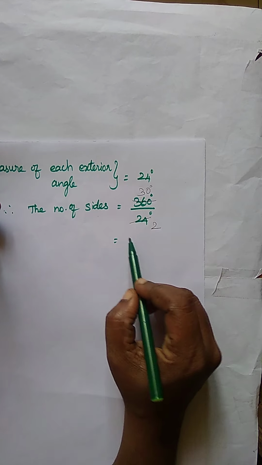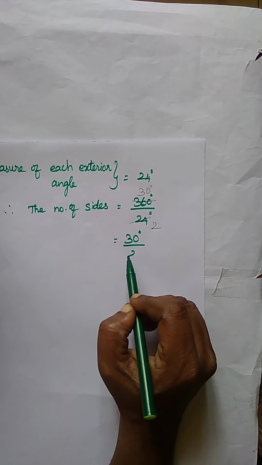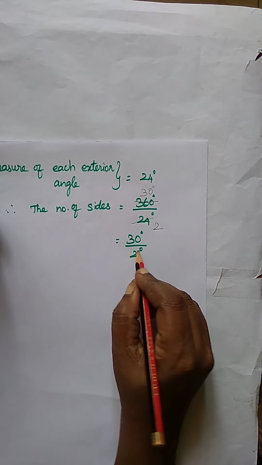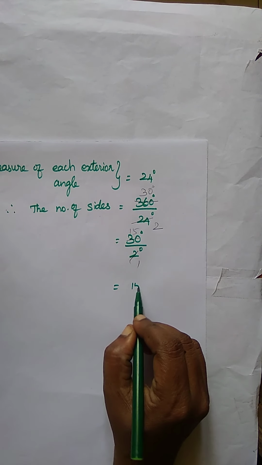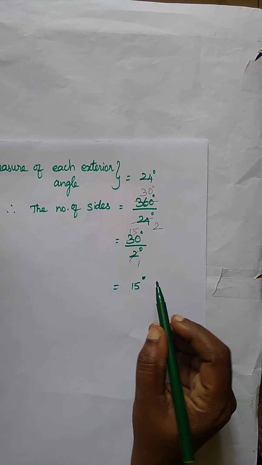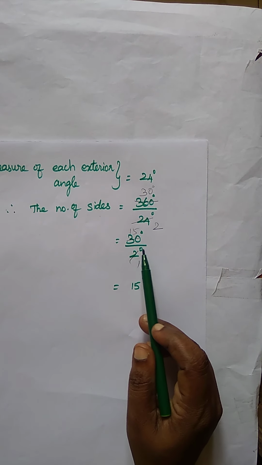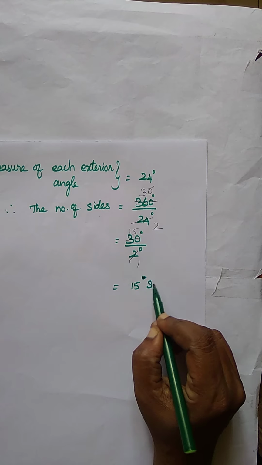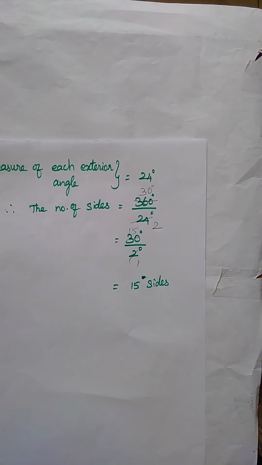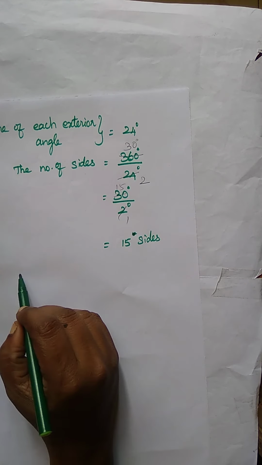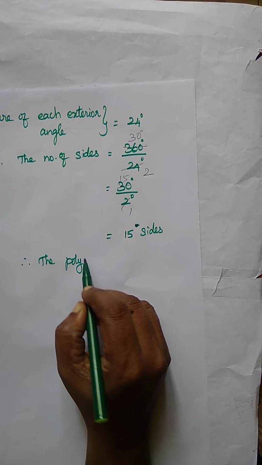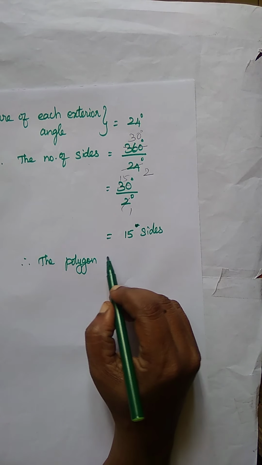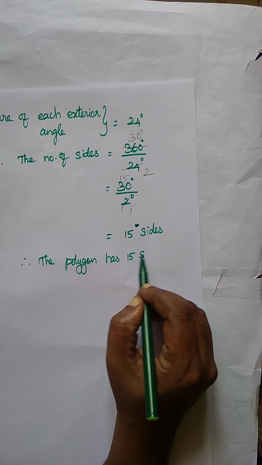Okay, so 30 divided by 2, in 2 table, 1 2 is 2, 15 times. Okay, so the answer is 15, not 15 degree. Degree cancels, so that is 15 sides. Therefore, the polygon has 15 sides. Okay.